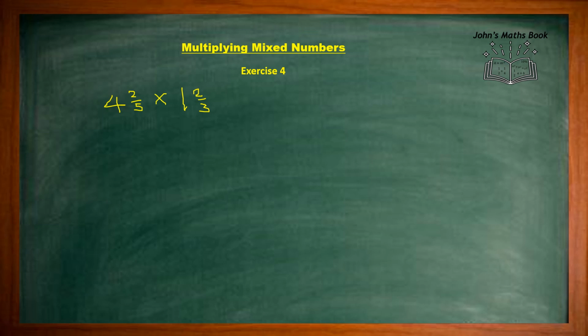Firstly, let's convert these two mixed numbers to improper fractions. So 4 2/5 converts to 4 times 5, which is 20, plus 2, which is 22 divided by 5, multiplied by 1 2/3, which is the same as 1 times 3 plus 2, which is 5 divided by 3.